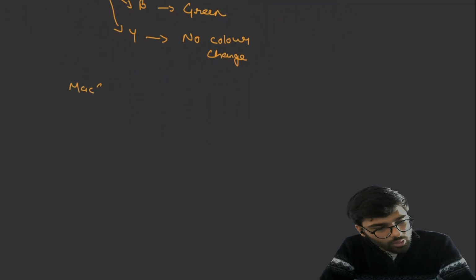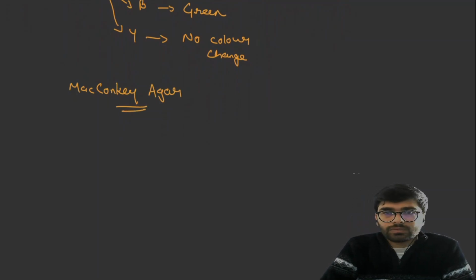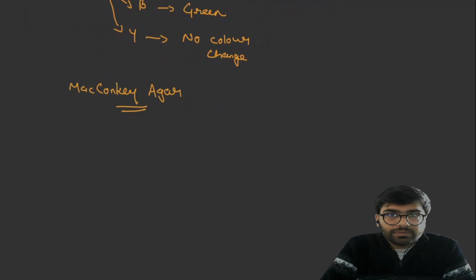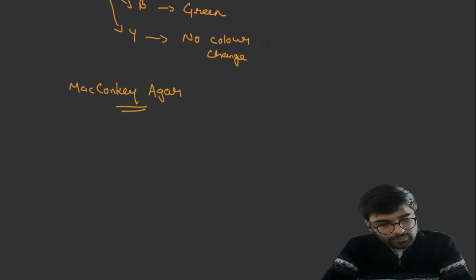We have MacConkey agar. Okay, what is MacConkey agar? MacConkey agar divides gram negative bacteria. So gram negative is a very huge group.